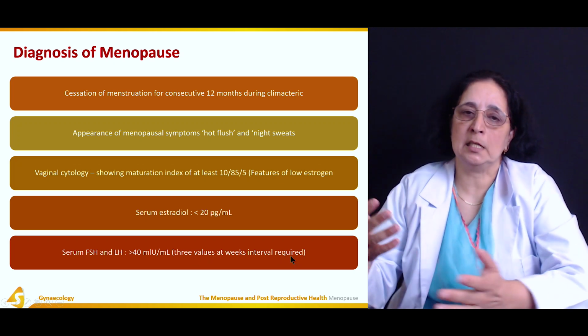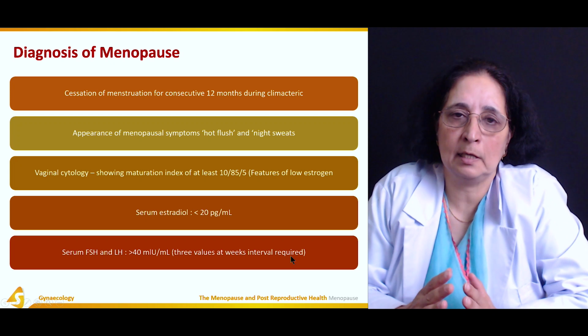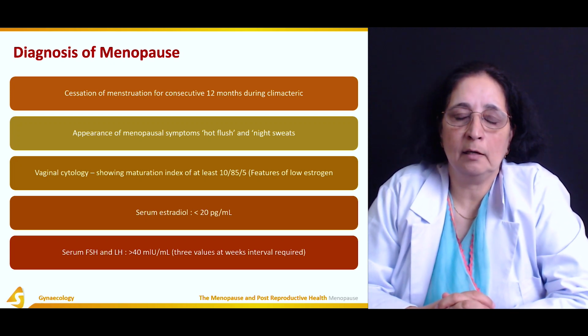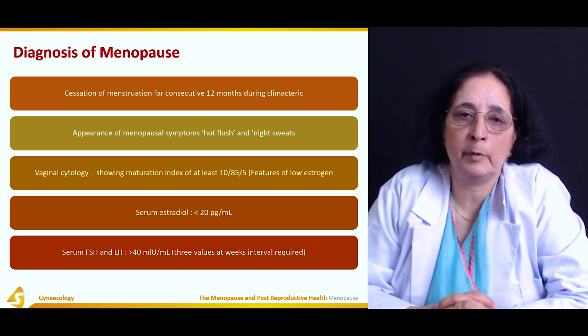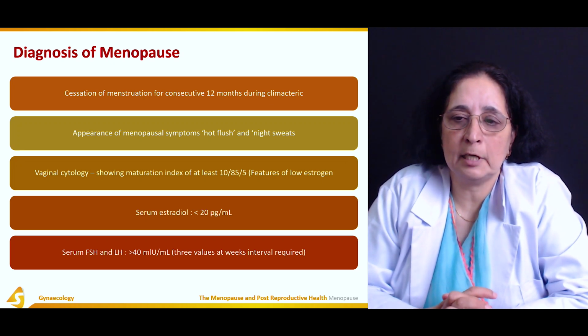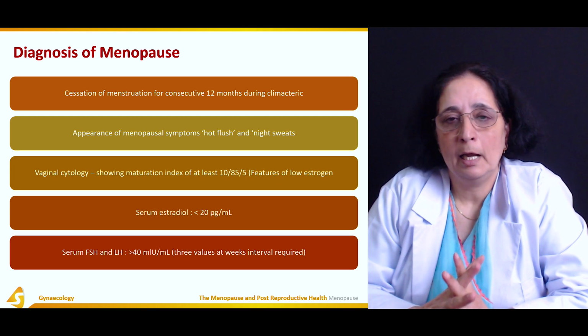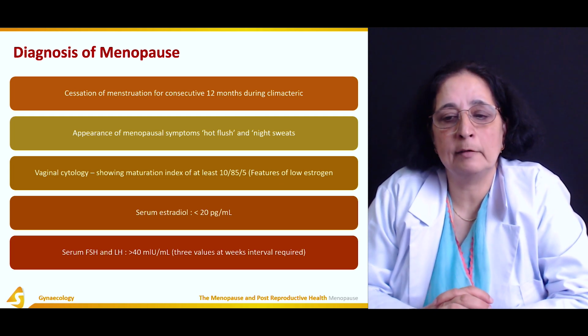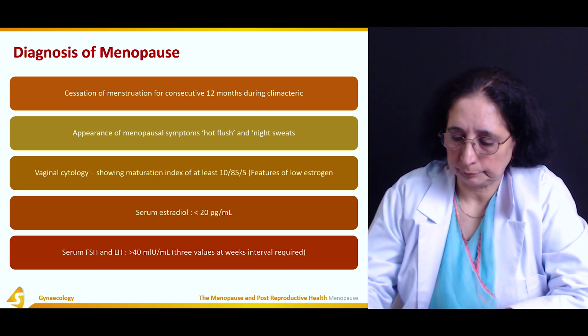So different tests are done: vaginal cytology is done, then estradiol levels are measured, and levels of FSH and LH are measured. Estradiol levels are low, and FSH and LH levels are usually high.